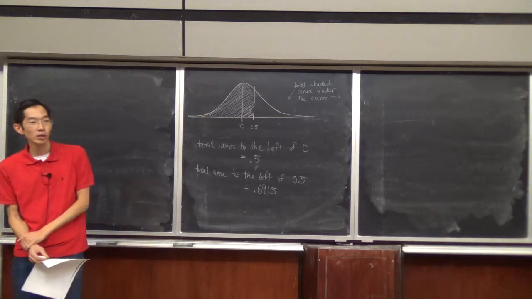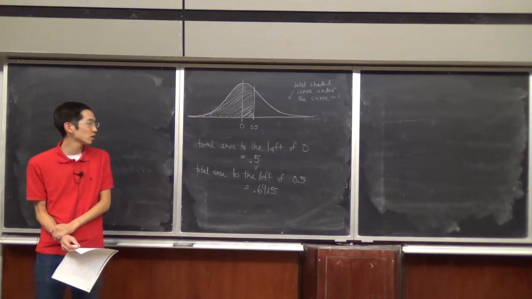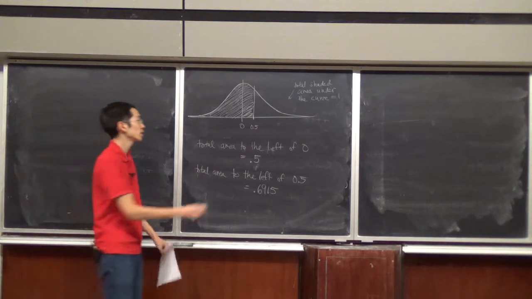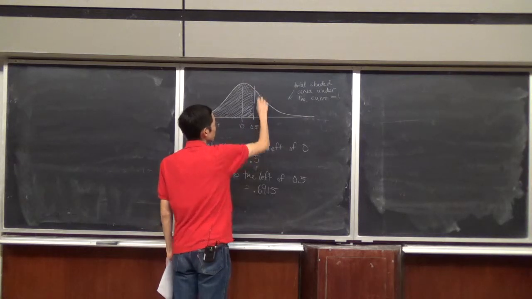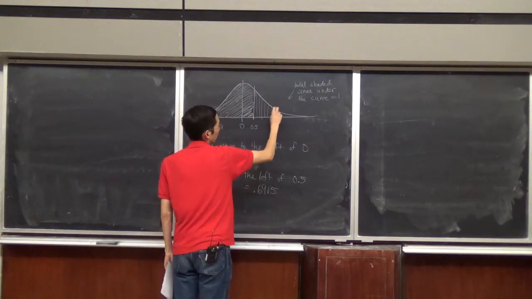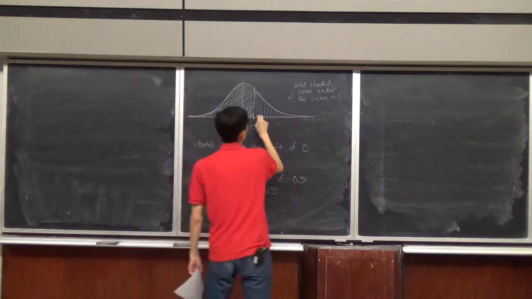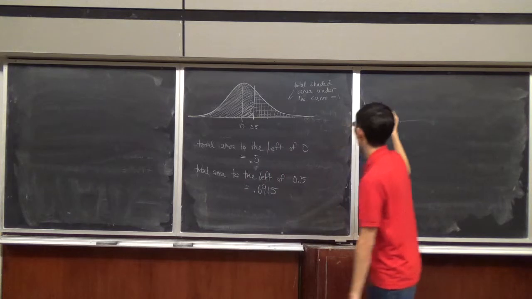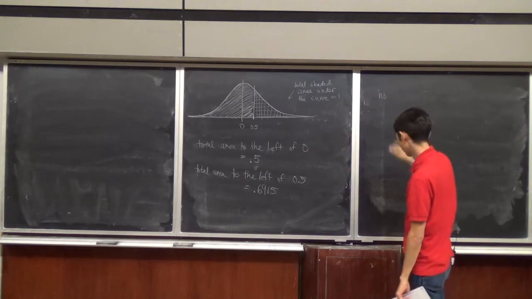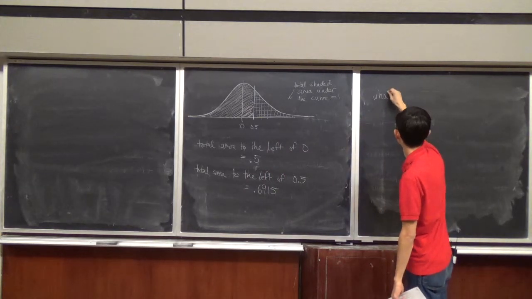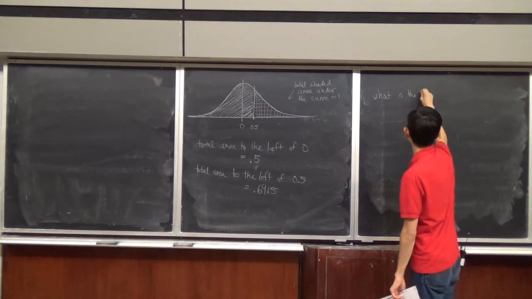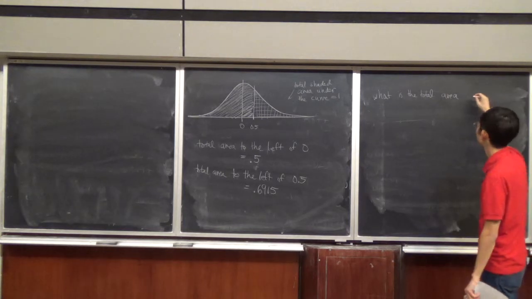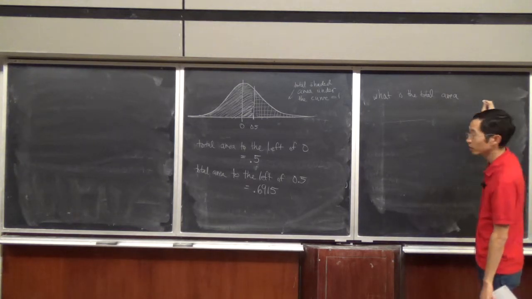Okay. What if I ask the question, instead of shading to the left, what if I shade to the right? So if I decide to shade to the right of 0.5, what is the total area? Don't shout out your answer, but write down what you think the answer is.